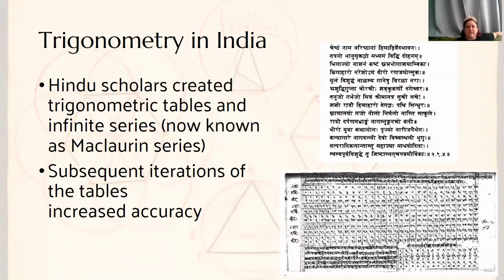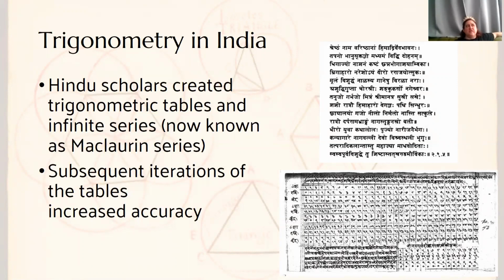And you can see one of these tables here. And we're talking 7th century to 9th century as our time frame for this. That's how long ago they were doing this.